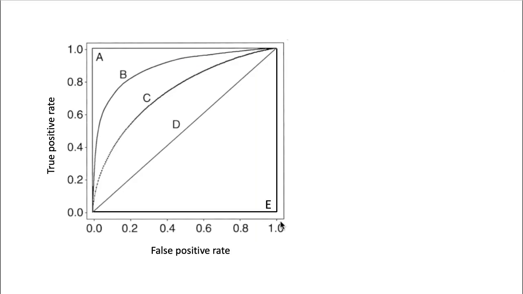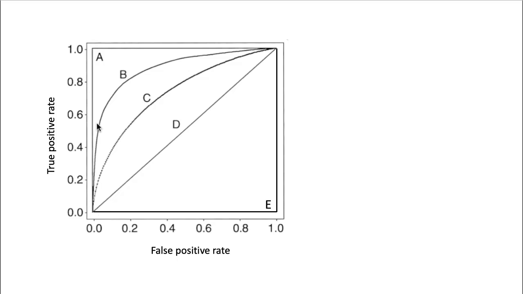Here are some example ROC curves. You've got 5 ROC curves shown here. This is of course a diagonal, false positive against true positive, just like before. Curve A looks like this: your true positive is climbing all the way up to 1 with the false positive remaining at 0.